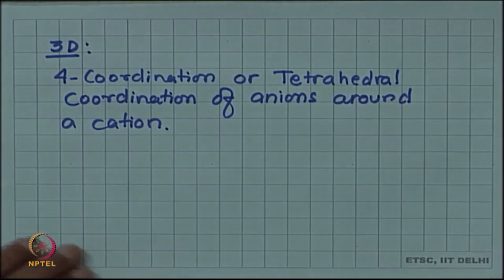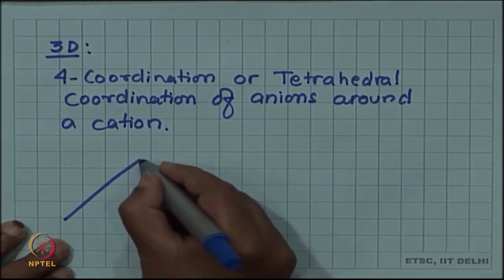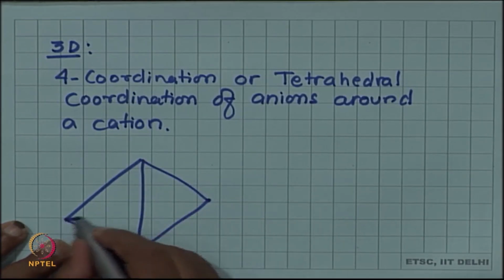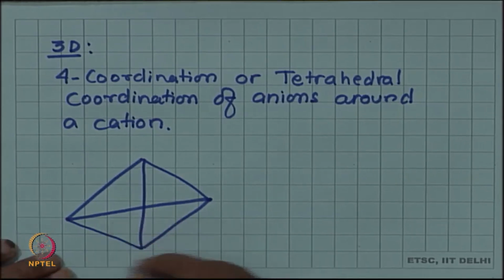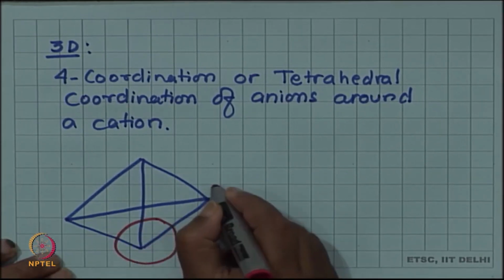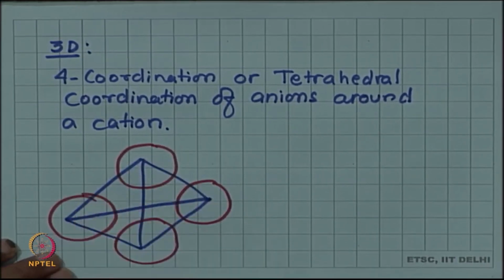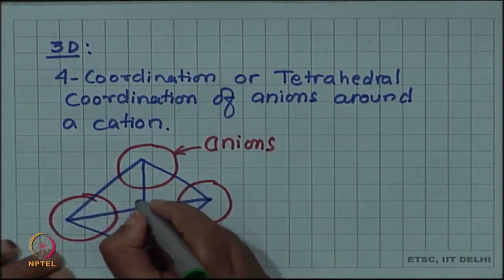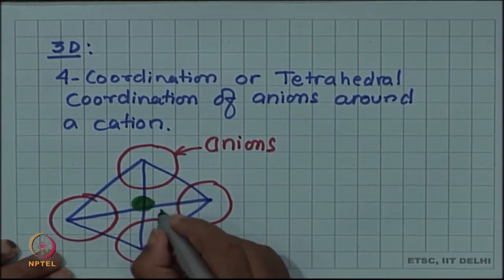This geometry we have already done when we were discussing close packed structures. We came to tetrahedral voids. We said that four atoms can be sitting on the vertices of a tetrahedron. In this case they will be anions and there will be a central cation.